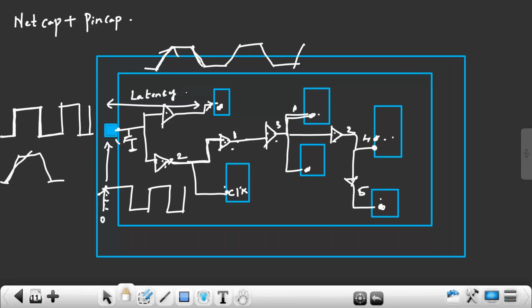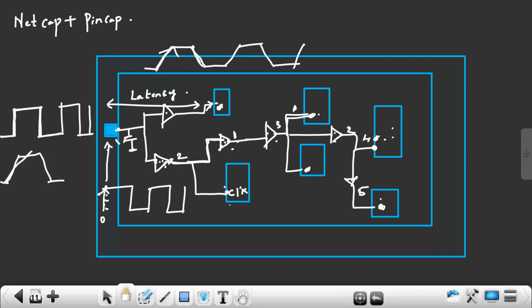Latency is nothing but the time taken by a clock edge to reach the flip flops. For this flip flop, latency is 1 nanosecond because after 1 nanosecond the clock edge is reaching. For this flip flop, the latency is 4 nanoseconds. The time taken by a clock edge to reach the flip flops is called latency.